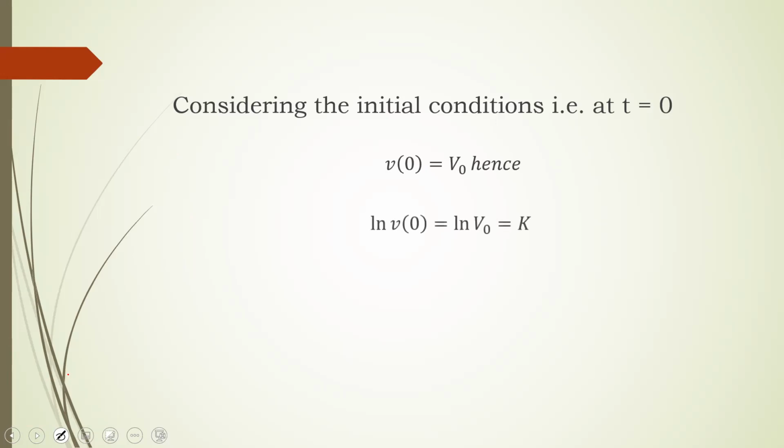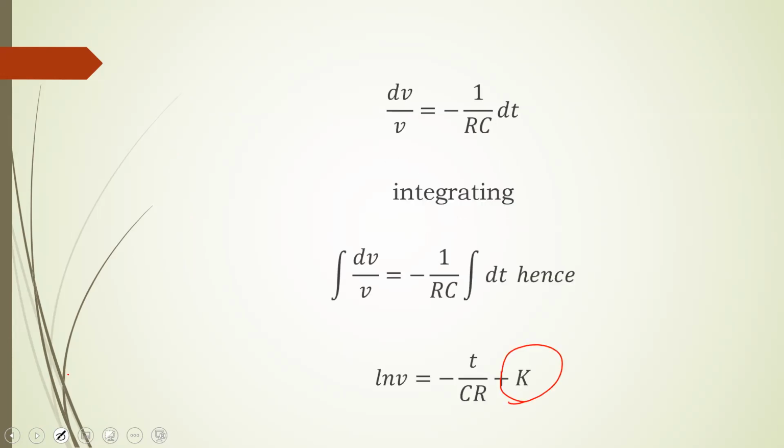And so we make the substitution and we get K equal to ln V0. This is what we are substituting in at t equals 0. V here would be equal to V0. So that's the substitution we are making, which means that K would be ln V0.